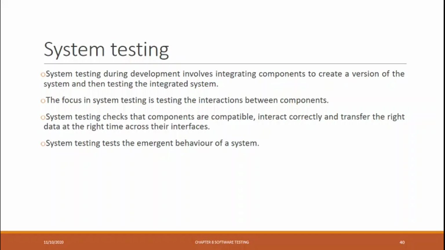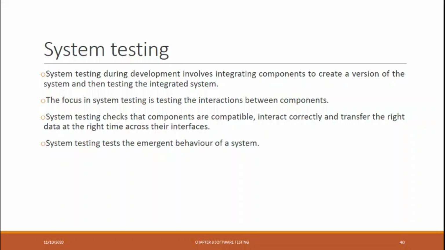Now you have tested unit testing, then integration testing, and now the whole system. You club all the components together as one and test that software or application. So that creates a version of the system.